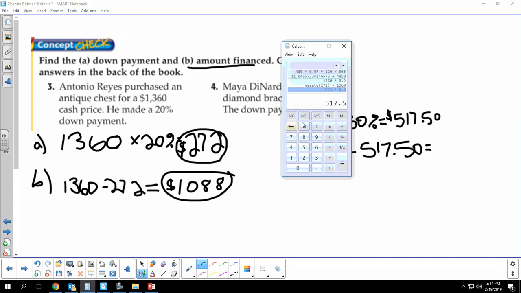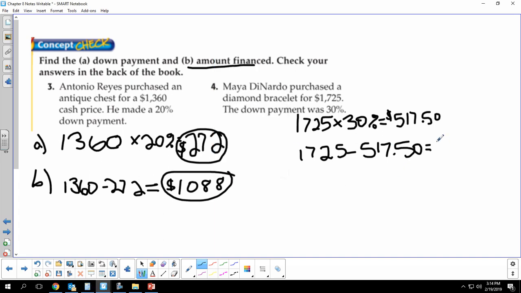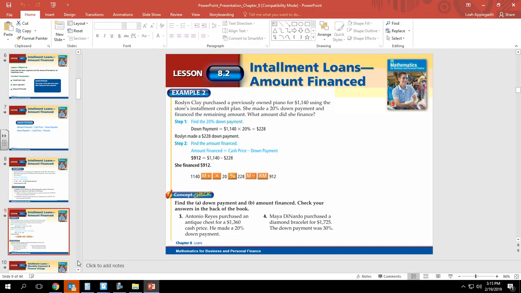And that's $1,207.50. All right, and that's lesson 8.2. Now on to 8.3.